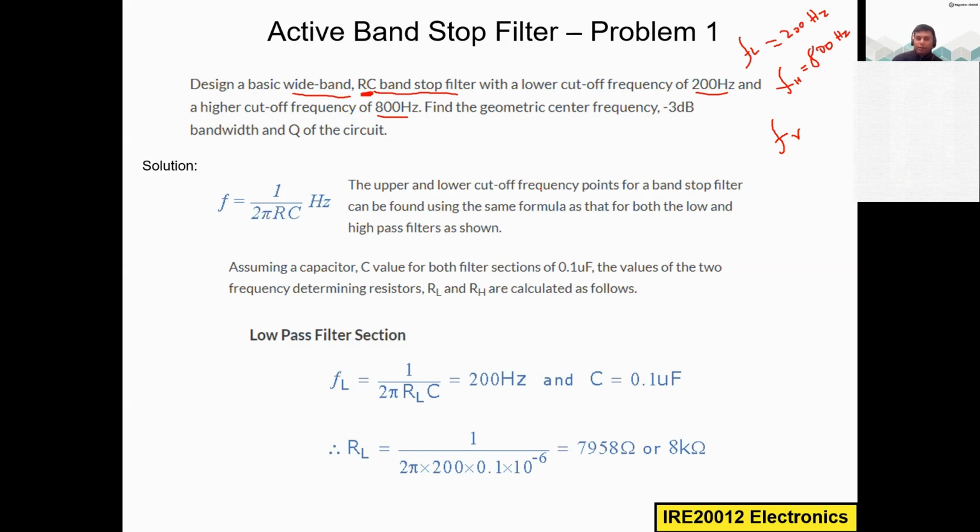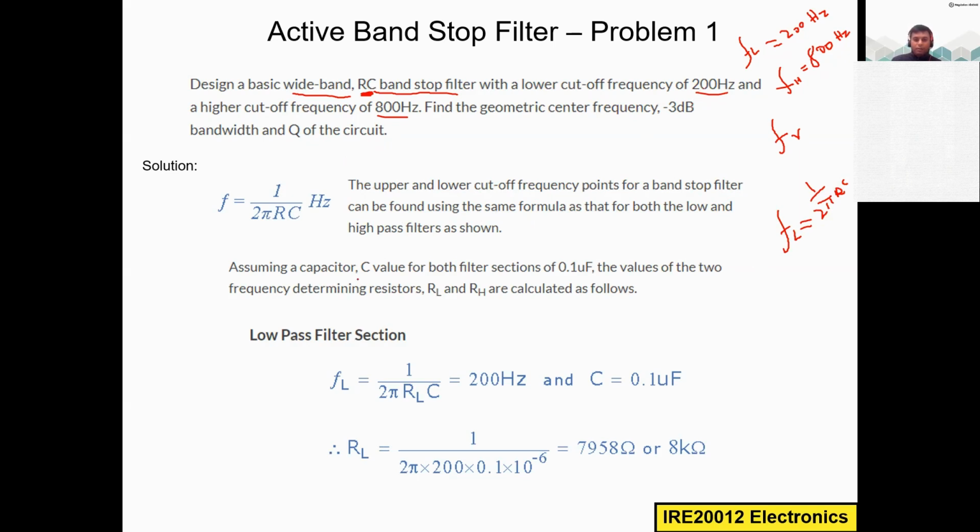So the upper and lower cutoff frequency points for a band stop filter can be found using the same formula. So FL or FH is equal to 1 divided by 2 pi RC. You have to use the correct R and C values, and then you can find FL and FH. But they had already given here FL and FH.